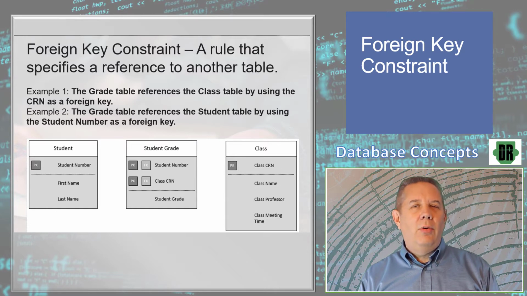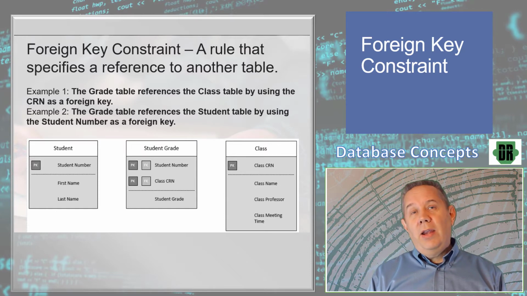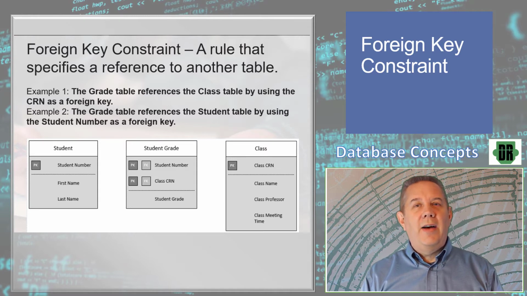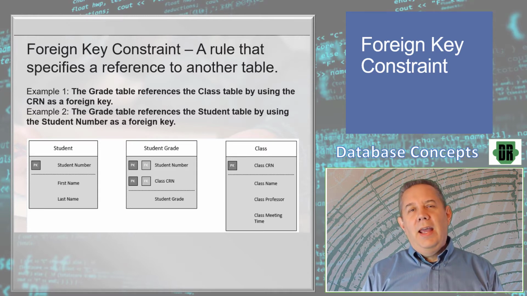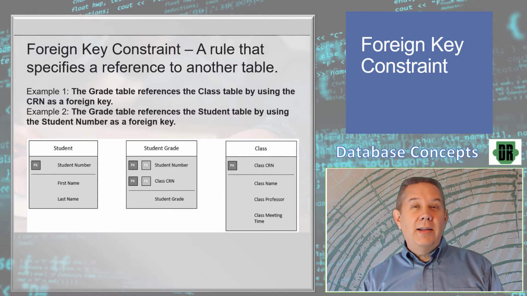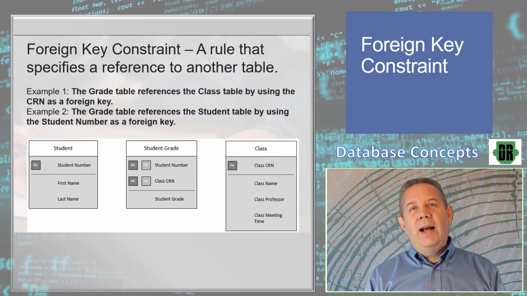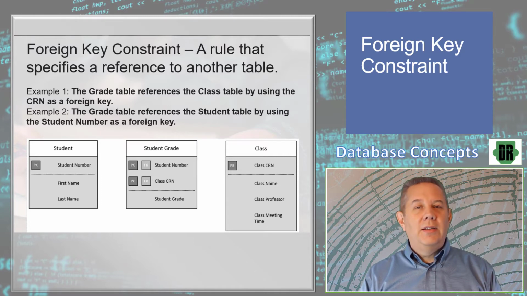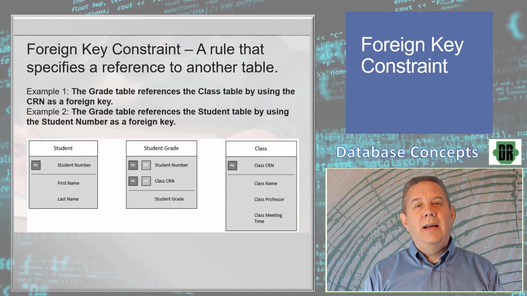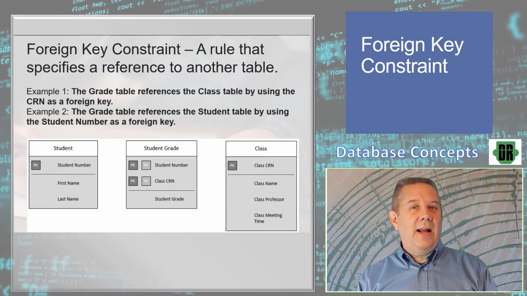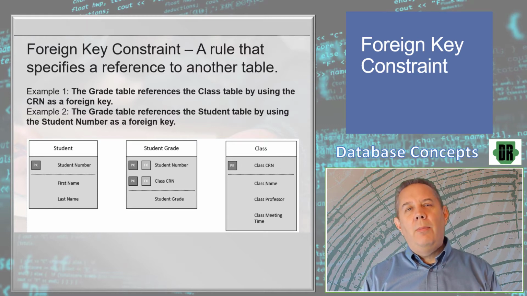In the class table, we can have the CRN, or a unique number that identifies that class and section. In that class and section, we can have all kinds of other data. We might have the name of the class, we might have who the professor is, lots of other data about the class. But that one unique specific number applies only to that class, and every class has a unique number.